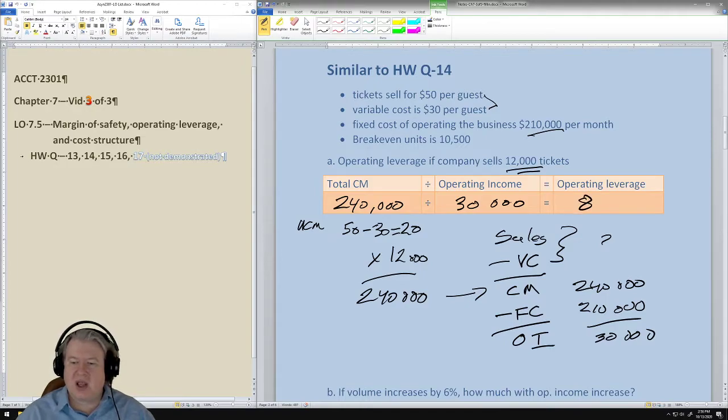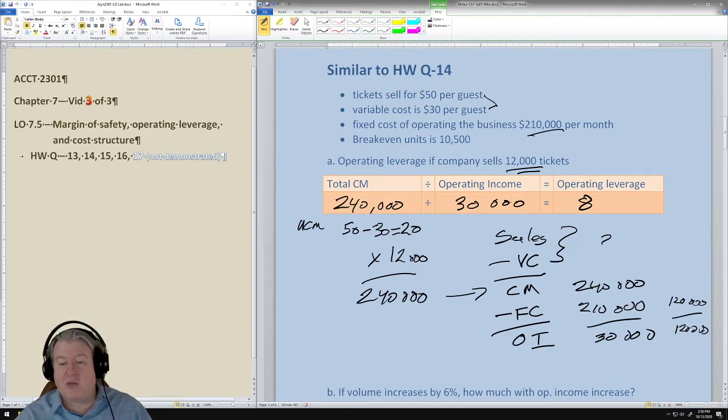So imagine if our fixed costs were a lot less. Let's say our fixed costs were 120,000, and therefore our operating income would be 120,000. And then you would say total CM divided by 120,000 of operating income would be an operating leverage of 2. So you can see a lower operating leverage could mean a couple of things.